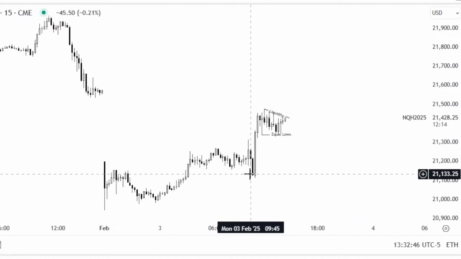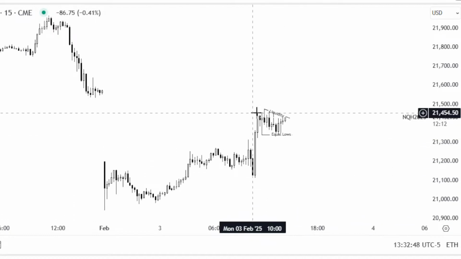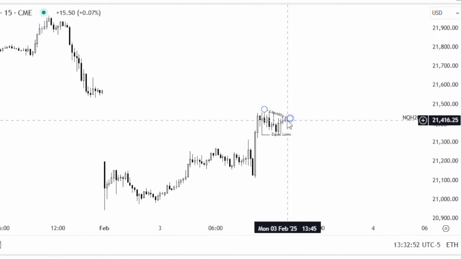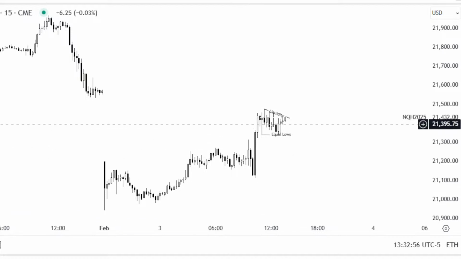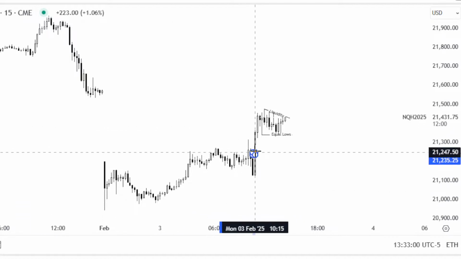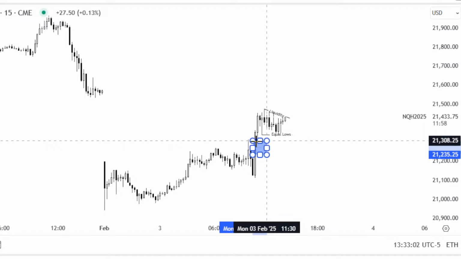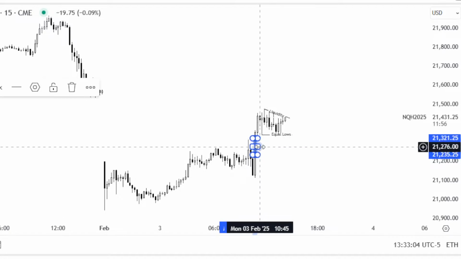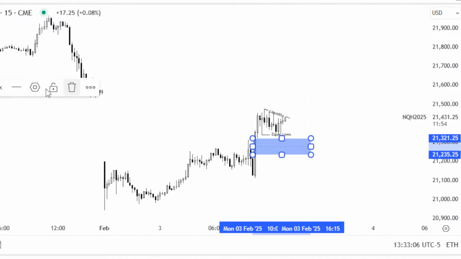See, this looks almost like a bear bull flag or something. So it'd be nice to see some sort of spot down into this fair value gap.